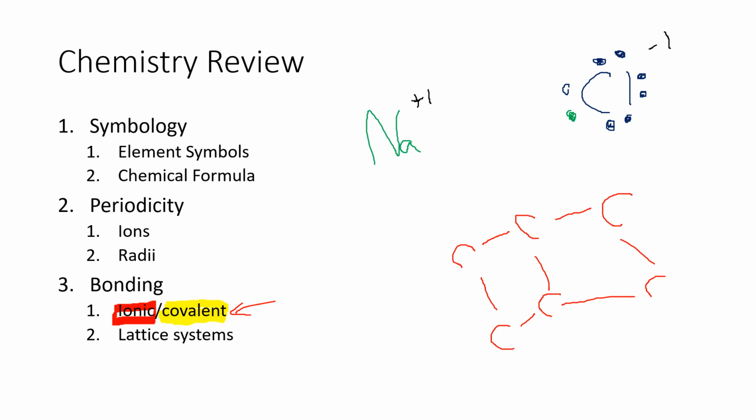Then what happens is, because you have a positive attracted to a negative, these guys essentially are in an electrostatic bond with each other because of those opposite charges, and that is an ionic bond. All right, and then lattice systems are where you have these arrangements of atoms in a bond system, and you have a crystal lattice, and that's just the 3-dimensional network of how the atoms arrange together.